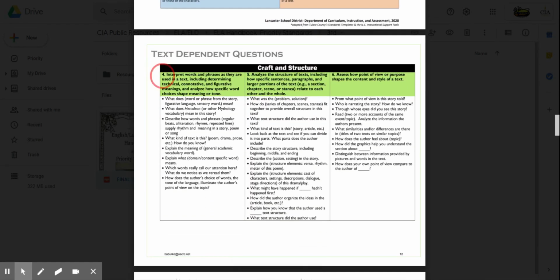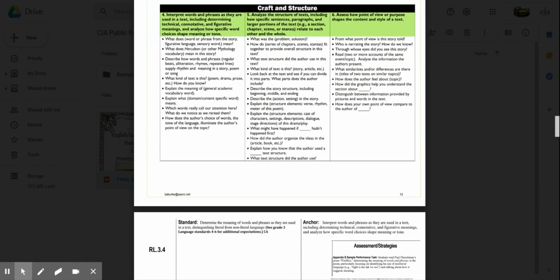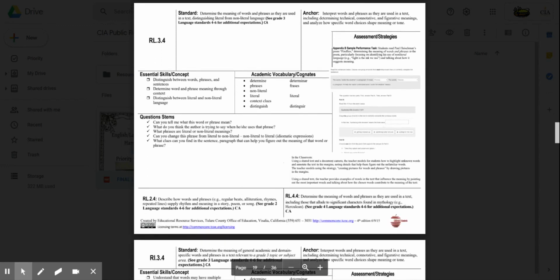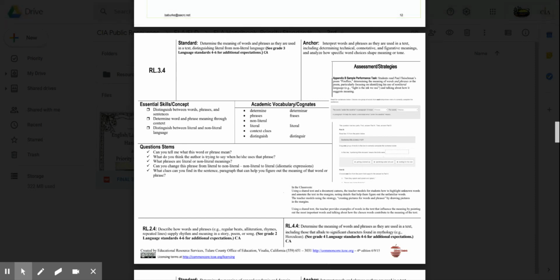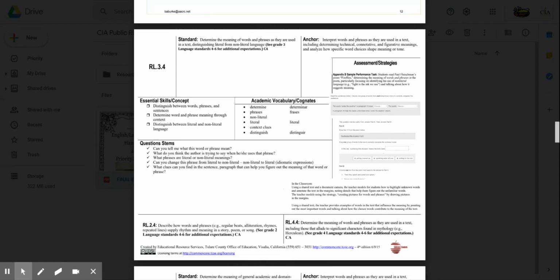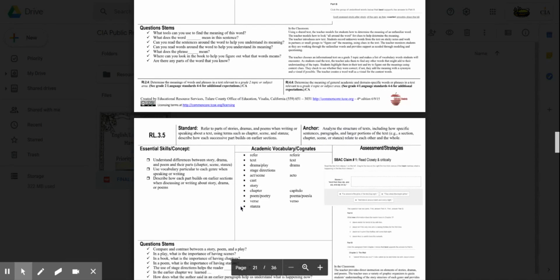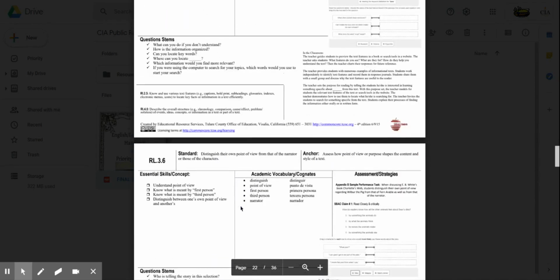So again, Anchor Standard 4, Anchor Standard 5, and Anchor Standard 6 are included here. This is then followed by, you guessed it, the granular look at each standard broken into reading literature and reading information. Okay, and these templates all include the same information. Again, the anchor, the standard, the essential skills and concepts, your academic vocabulary, question stems, grade level below, grade level above, and assessment strategies and in the classroom tips. Right? So this document will follow and continue this pattern.